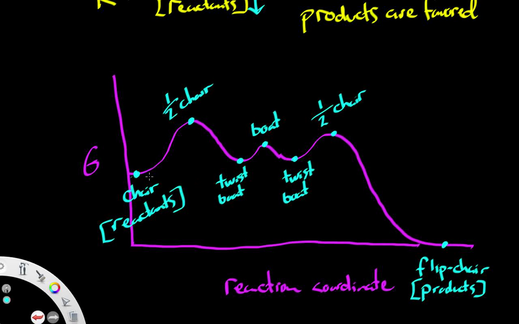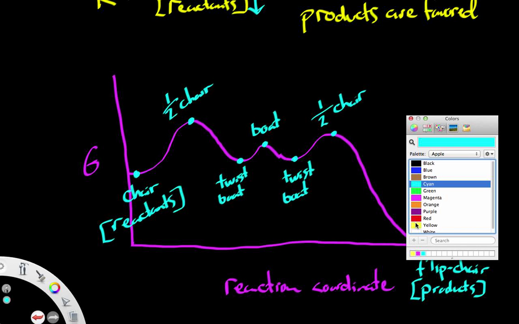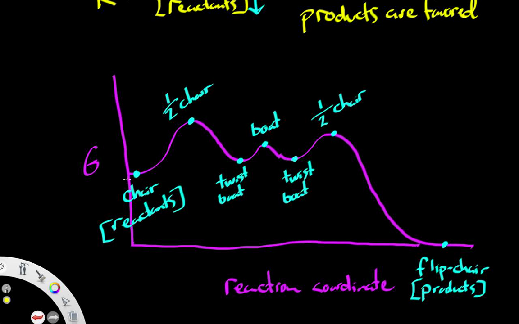So now you can see that we're actually moving from this level down to this level. And that's also going to imply that we have a negative delta G standard. So I can just show that right here. So negative delta, actually this is a delta sign, negative delta G standard.